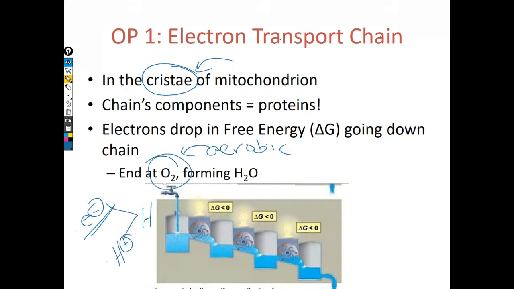But for now, we're defining it. And then we'll take 2 hydrogen ions and 1 of the oxygen ions and make water. This is one of the reasons when you breathe out, remember our second law of thermodynamics, breath is wet.